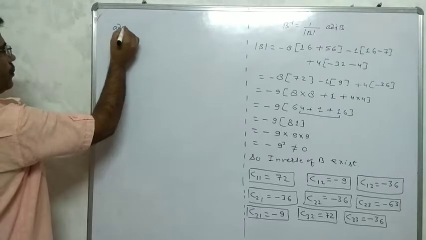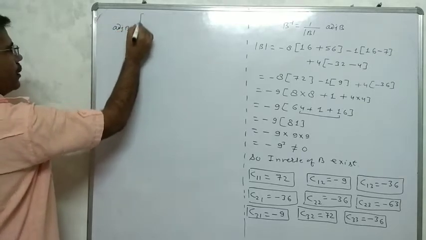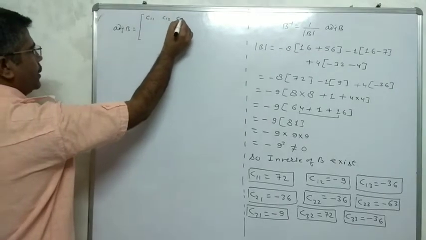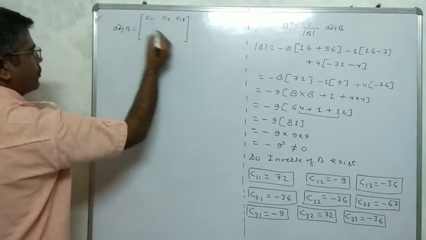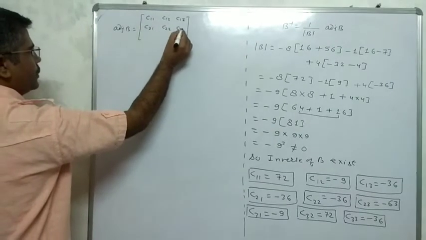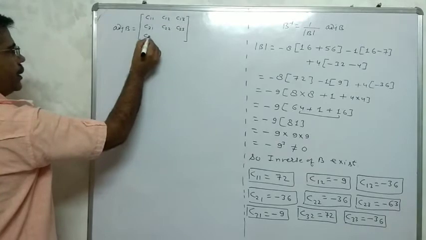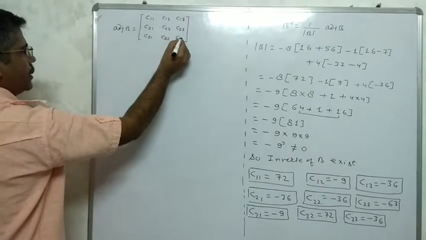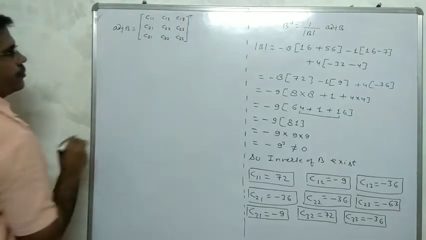Adjoint of B is given by the transpose of the matrix C11, C12, C13, C21, C22, C23, C31, C32, C33.